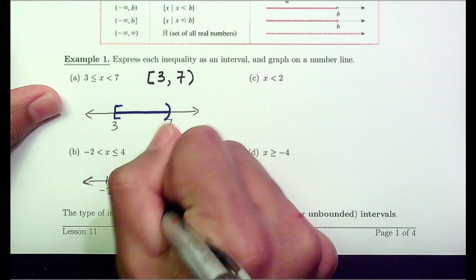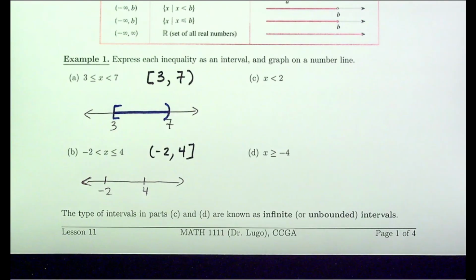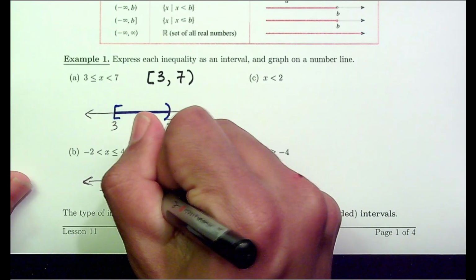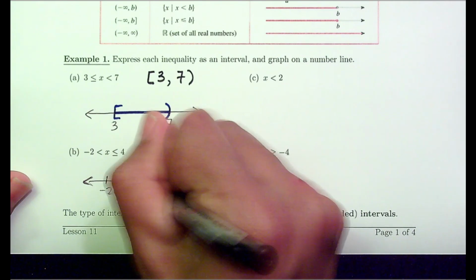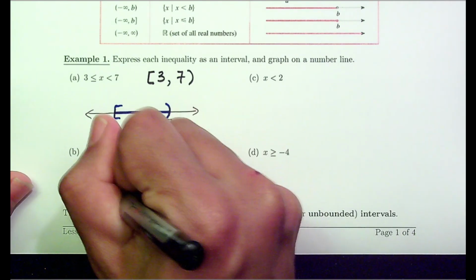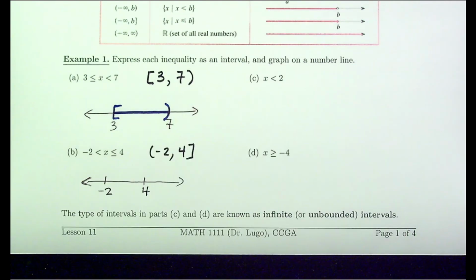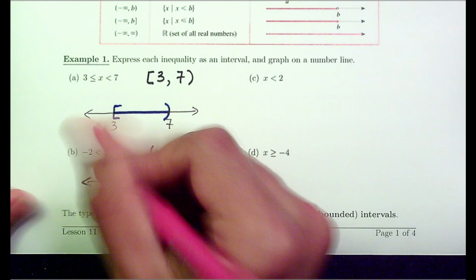And resist the temptation of drawing any more tick marks because they're unnecessary and just not needed. So don't add them. Okay, so just those two, and then you don't want to include -2, so draw a parenthesis there.